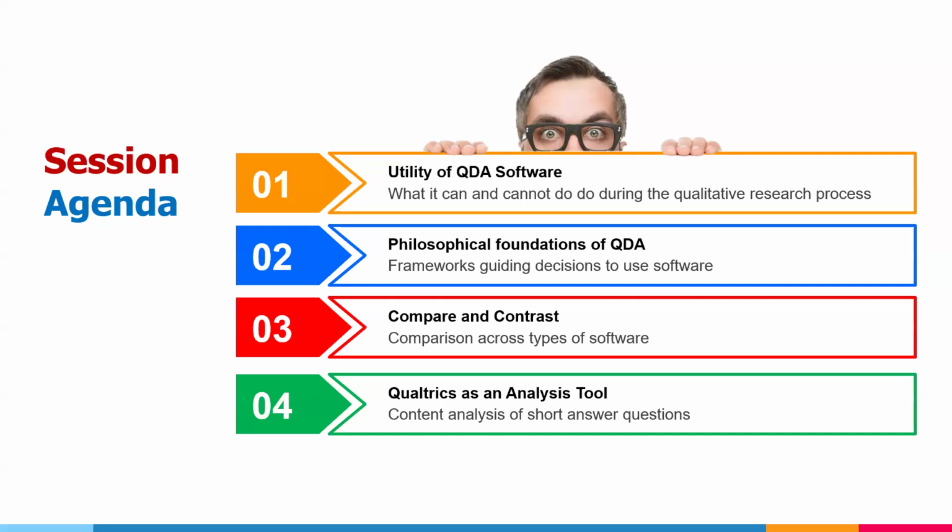I always say these presentations are jumping off points. This is not going to give you everything. This is not definitive, but it's giving you the language, the beginning thought process, and a first step on the roadmap for thinking about what kind of qualitative data analysis tools you want to use.